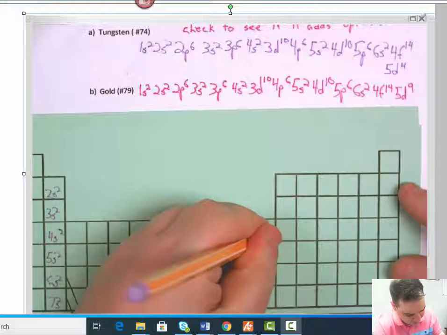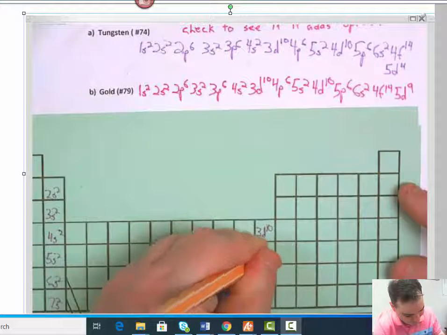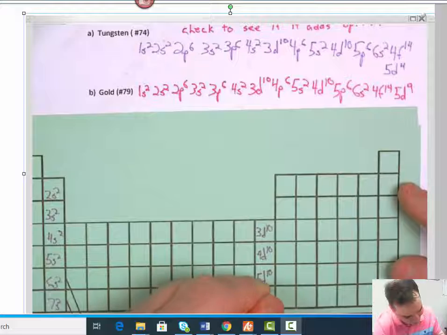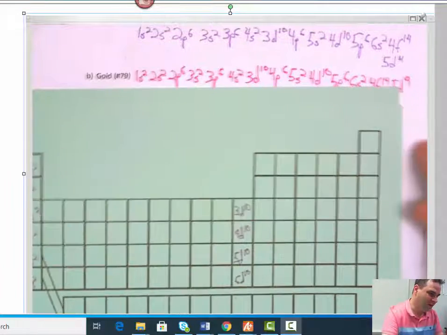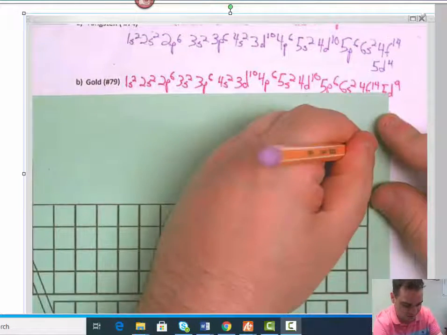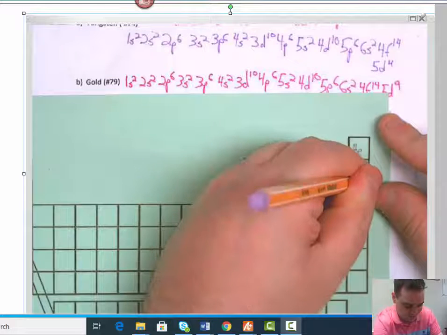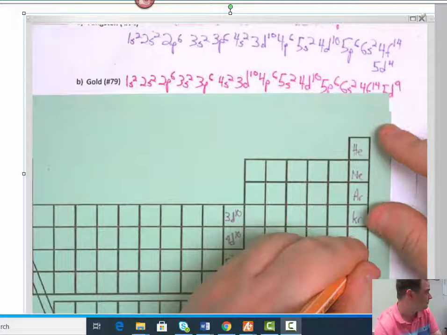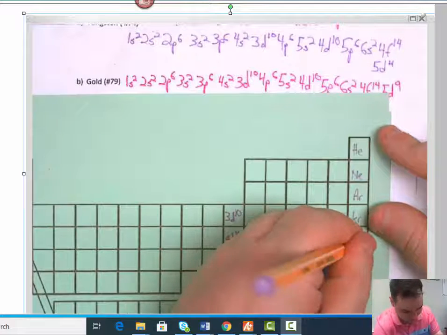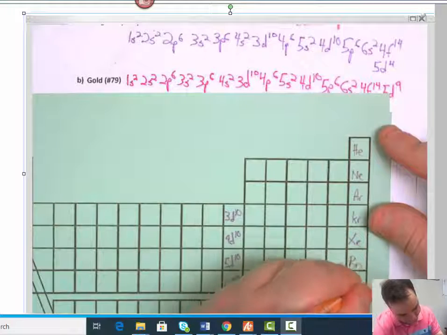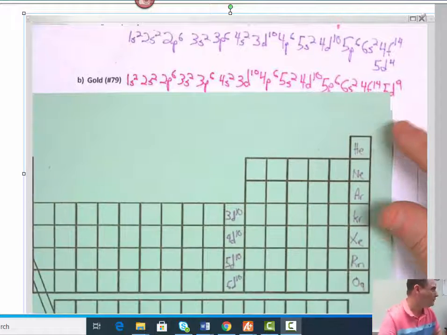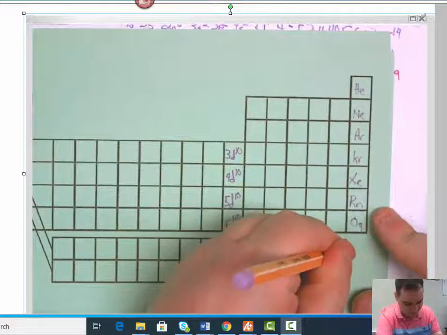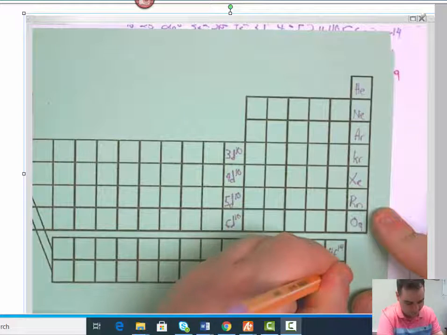Still fill this out as 3d10, 4d10, 5d10, 6d10. Okay? But we use the noble gases over here. So we use helium, neon, argon, krypton, xenon, radon, and Og. Okay, and then this is still 4f14 and 5f14.